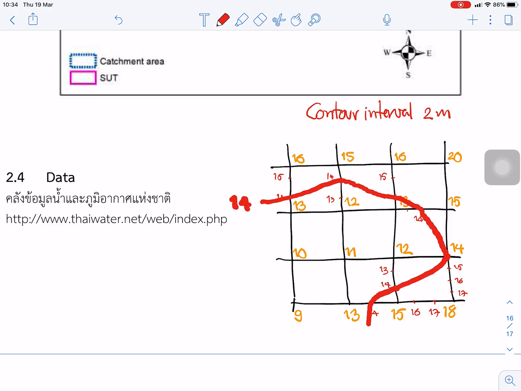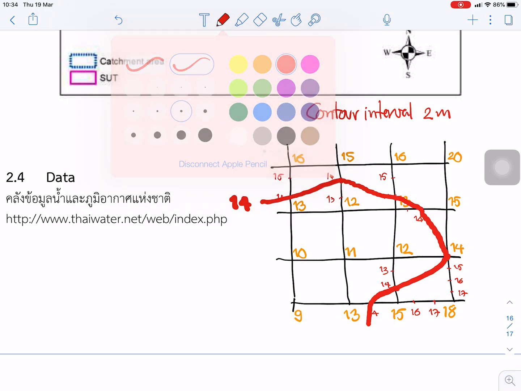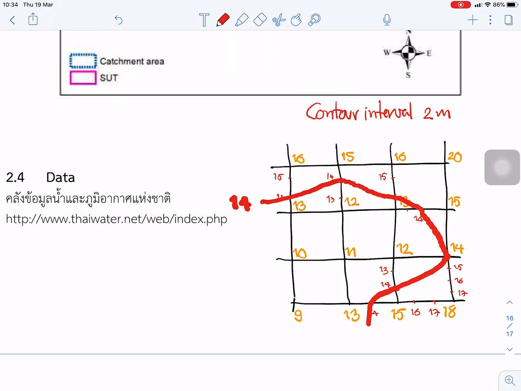That is the contour line for 14. Next, we can draw the 16, because it is every 2 meters. That is the line for 16.